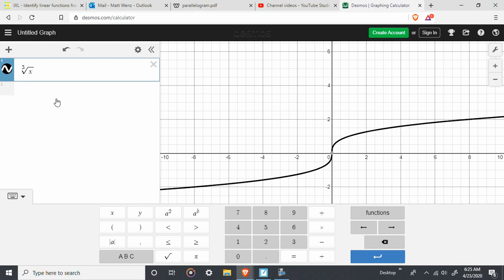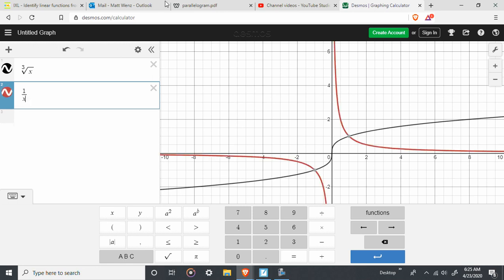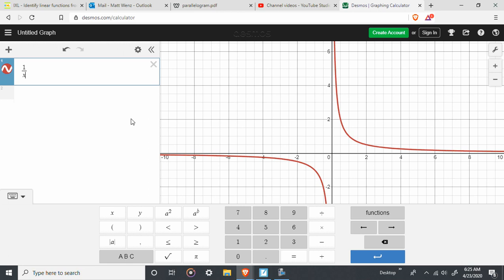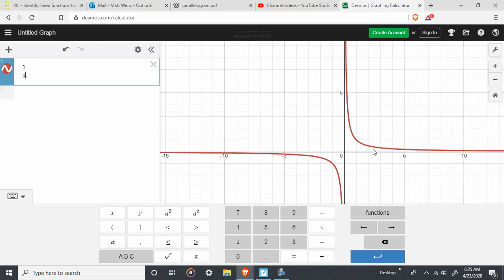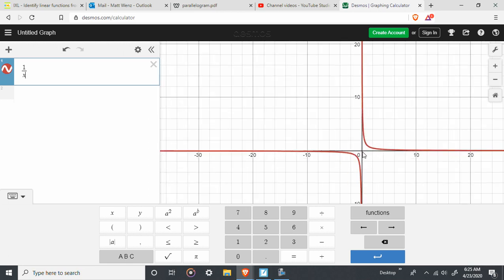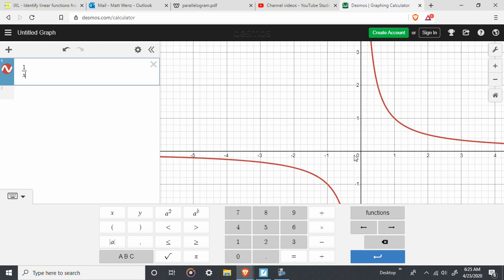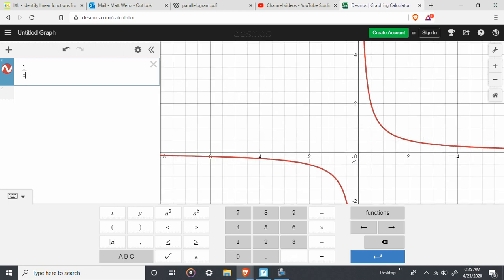You'll see some of those. And how about that one? There you go. There's your 1 divided by x graph. So we get these kind of crazy, weird, different types of functions, but they're definitely not linear. That's not a straight line, right?